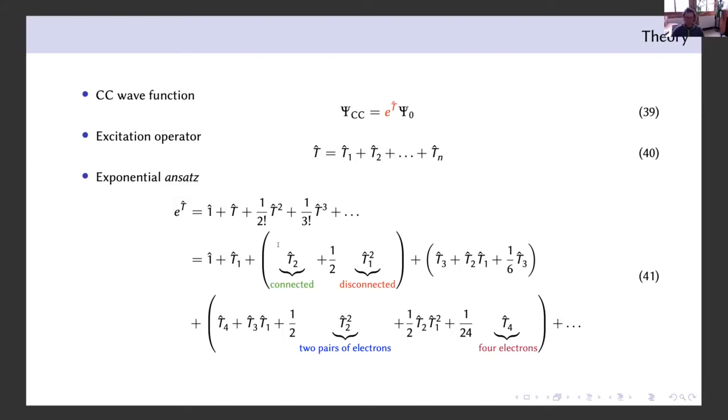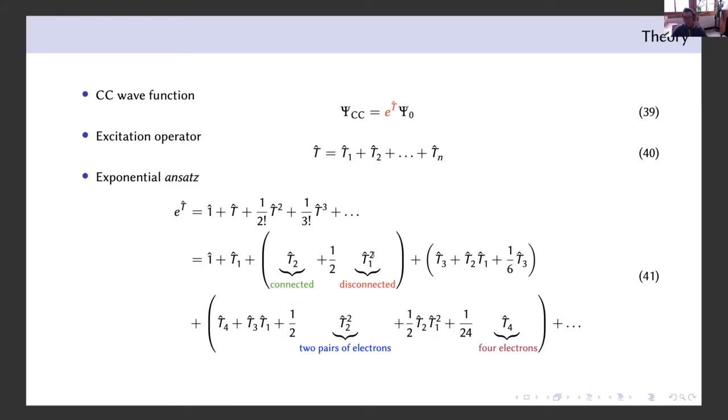T2, which is the double excitations, but you also have this T1 squared term, which gives you double excitations that are the product of two single excitations. Those disconnected terms are missing in CI and make the coupled cluster method size extensive, so they are very important.